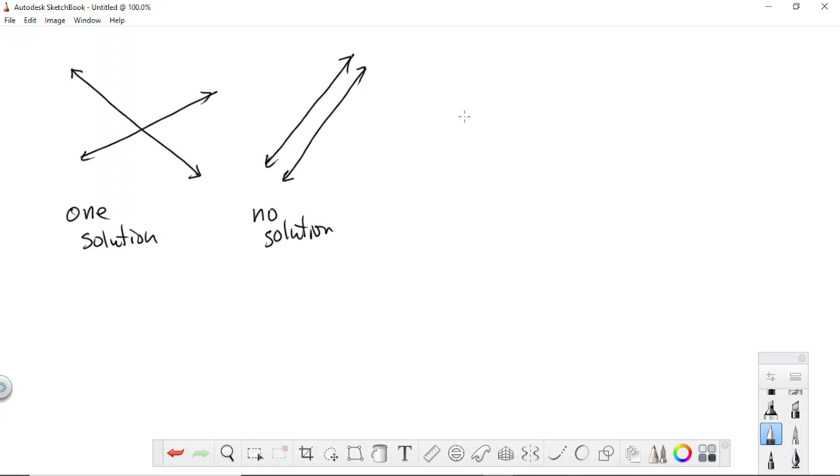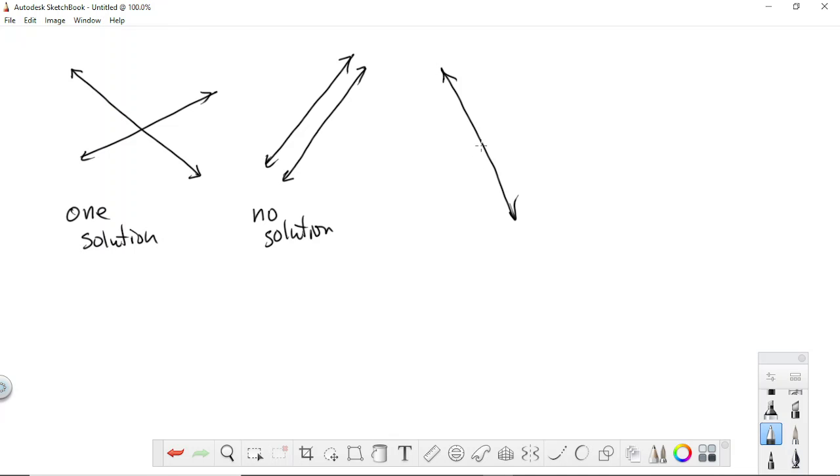So another possibility that we did not do one like this yet is you've got a line, and when you graph the other equation, I don't like that line. Let's try again. When you graph the second one, it just turns out to go right on top of the first one.